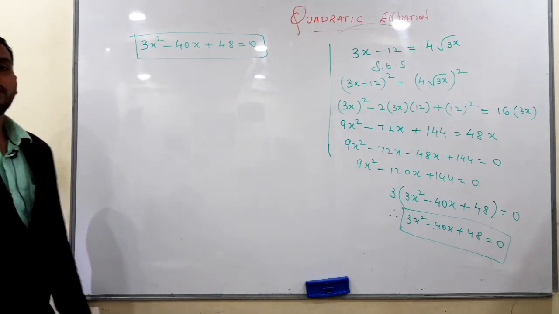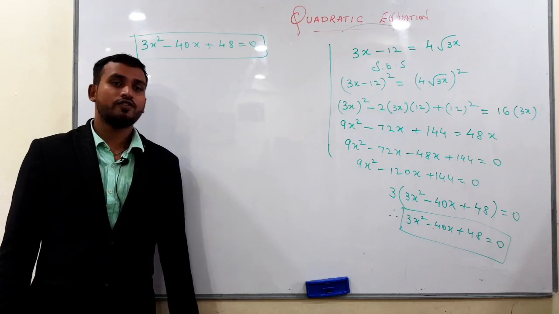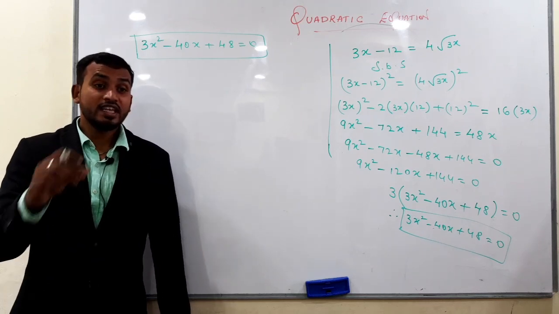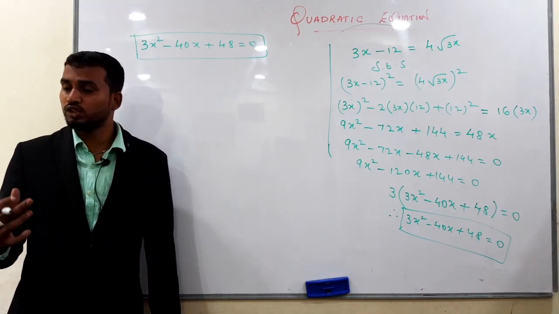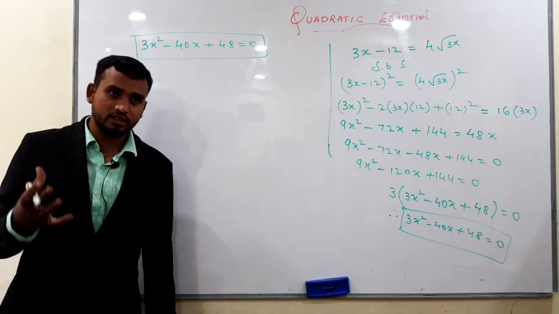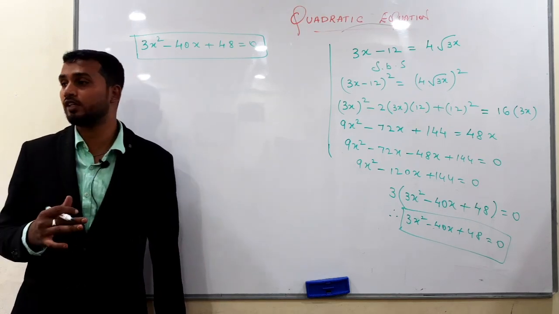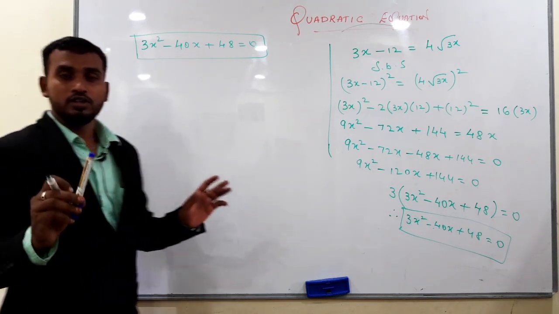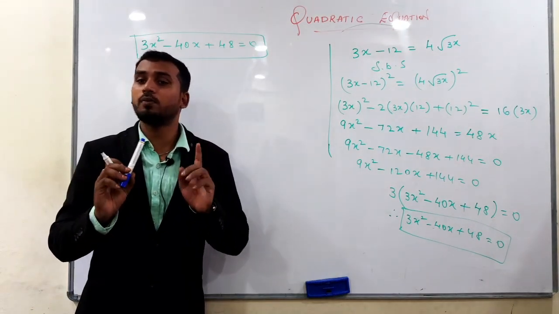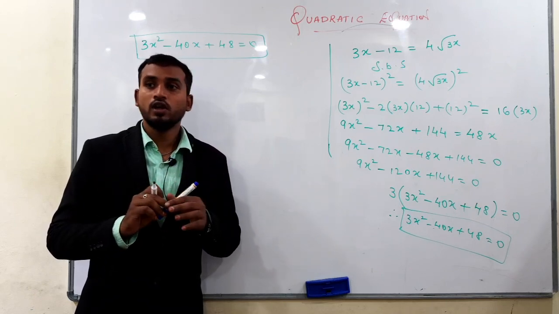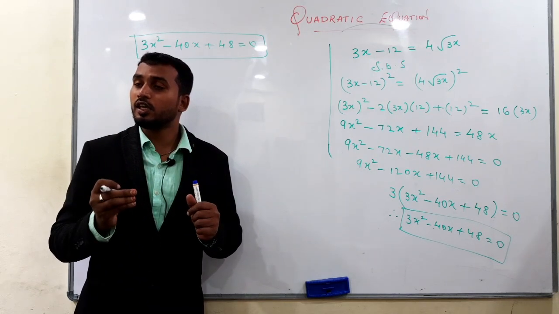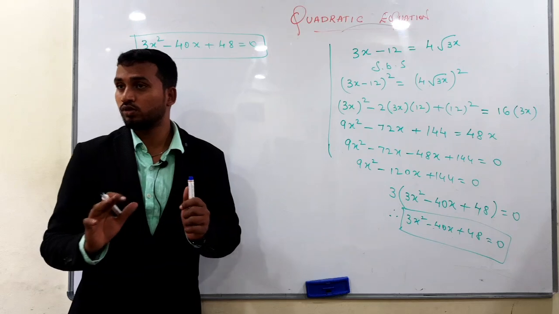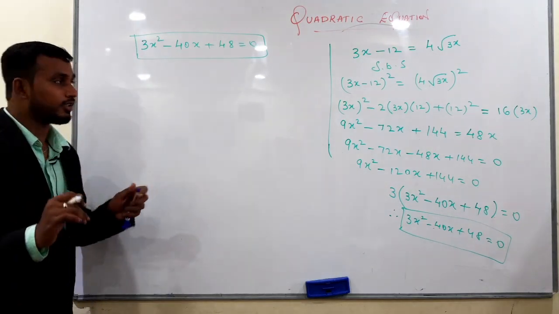Now, we are going to use factorization method. In case you are not getting the roots by factorization method, then you can use formula method. Got it? Now please observe here. This step is very important because we will be using it in other chapters also. What is the step? Let's see.